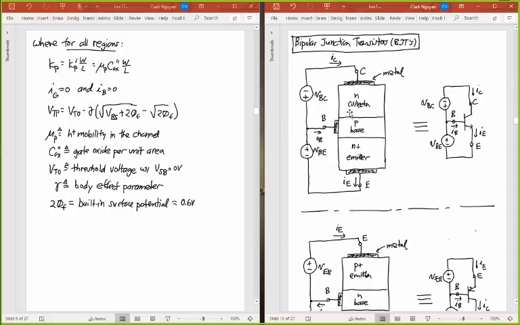Historically, I would say conceptually the MOS transistor came first. It was the most natural way to think about making a transistor: basically a device that is on-off controllable, where you can control the current, a voltage-controlled current source. But historically, they had trouble getting MOS devices to work.